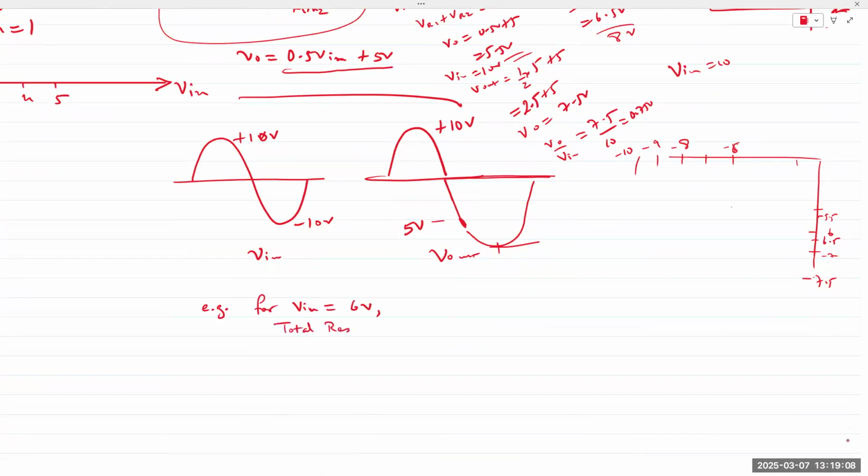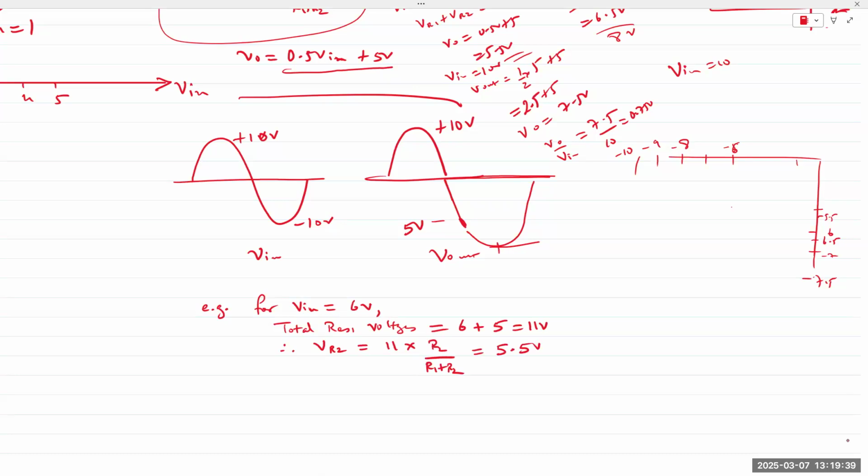Total resistor voltage is equal to 6 plus 5 is equal to 11 volts. Therefore, VR2 is 11 times R2 over R1 plus R2, which is equal to 5.5 volts.